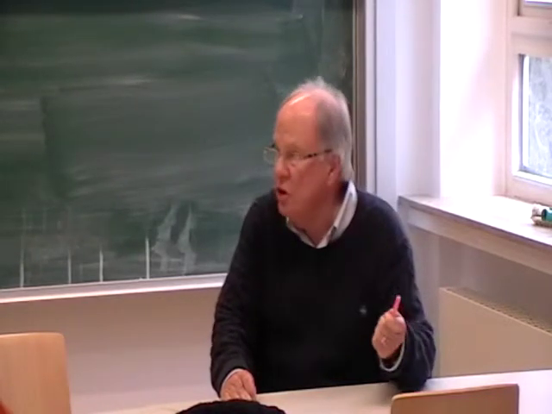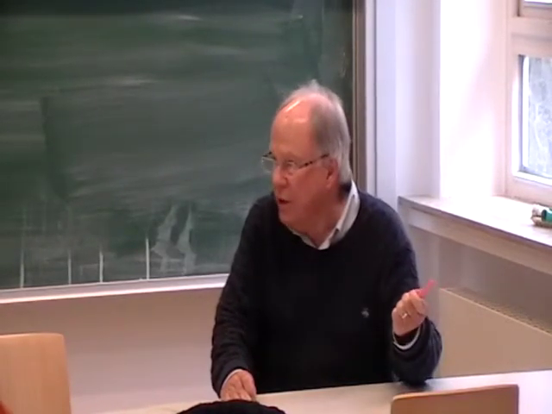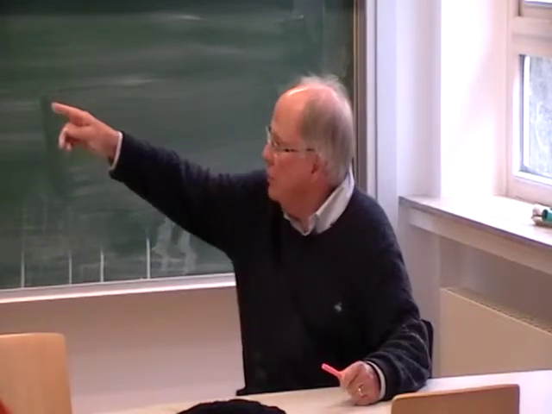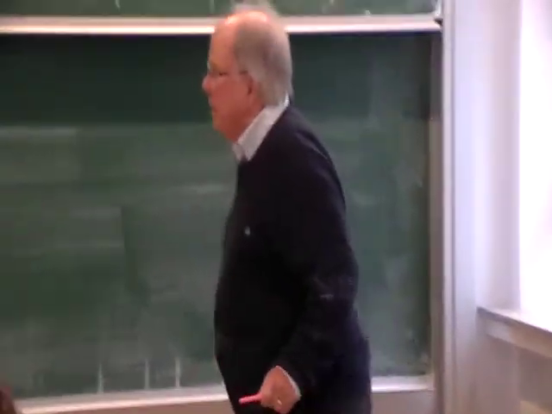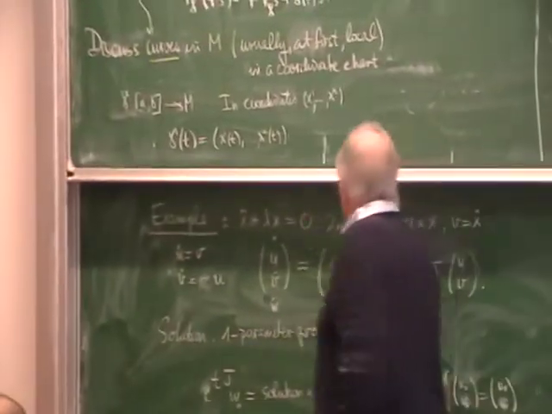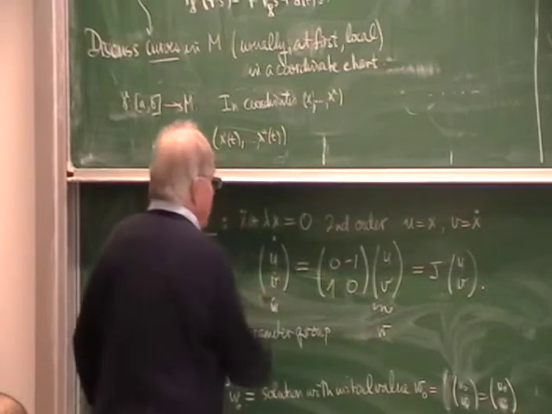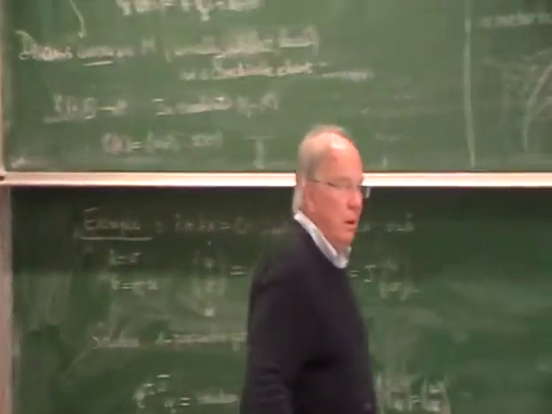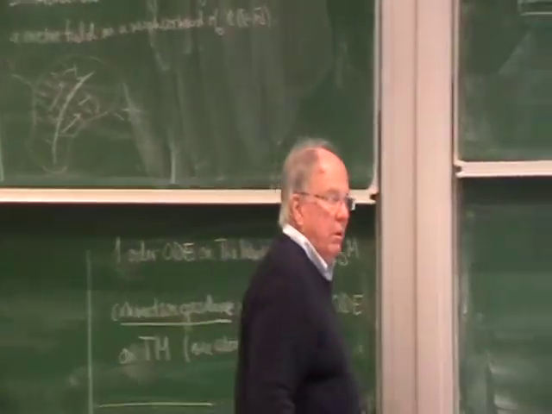The solutions of the ODE are curves on the tangent bundle. Just like here, the solutions of this ODE are on the tangent bundle of the real numbers. So does that mean that the solutions will be a section of the tangent bundle?